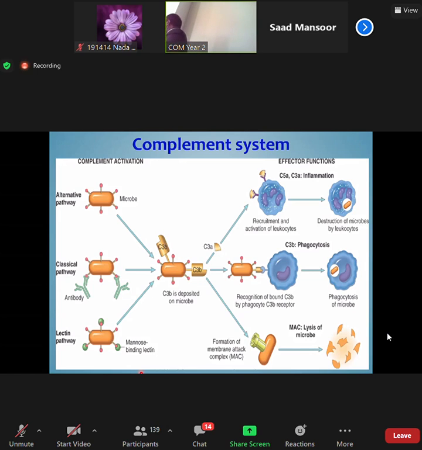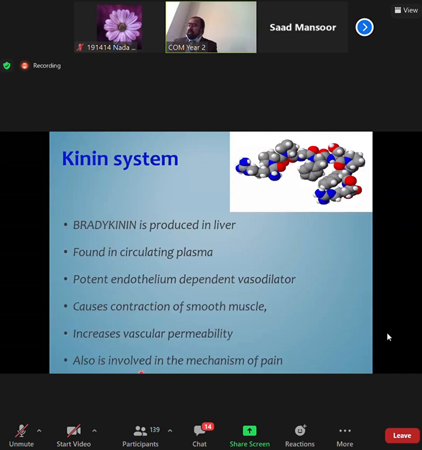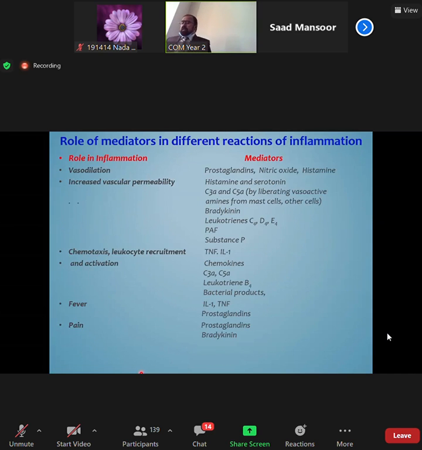Yes, that's it. So some of the students are asking if you have any tips for memorizing this. Yeah, I would like to say, look at my last slide again and again, in which I have written the whole role of what these chemical mediators are doing.